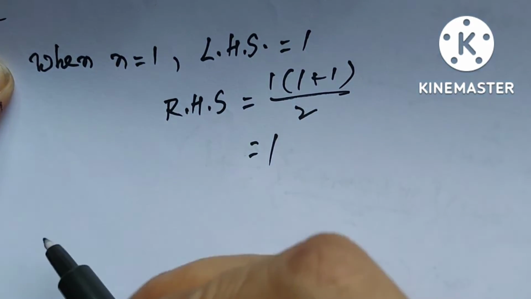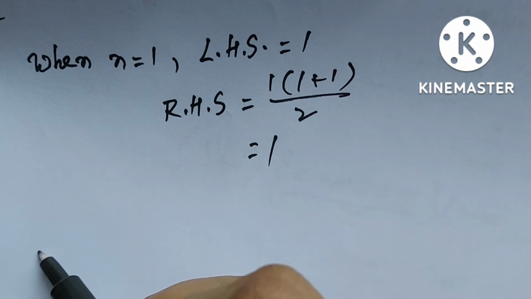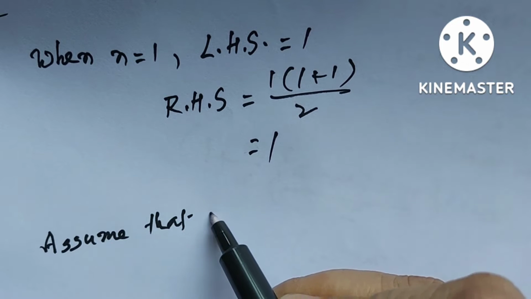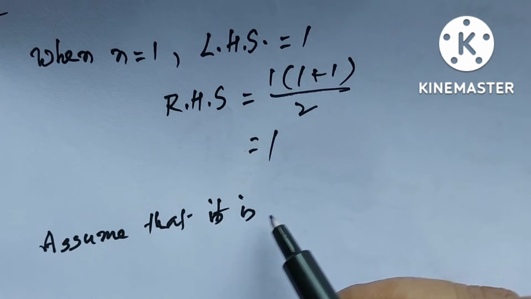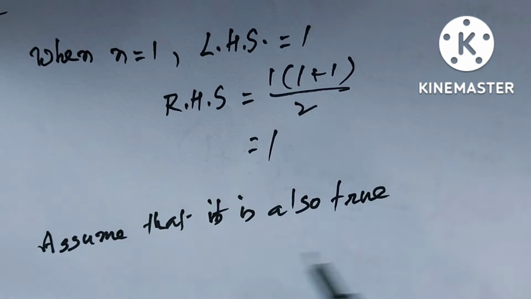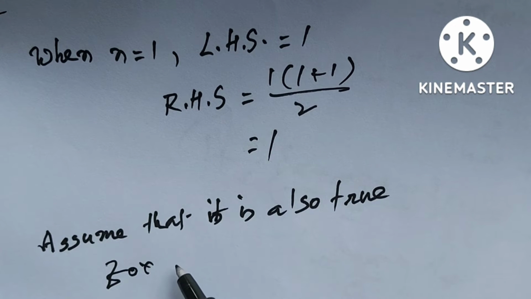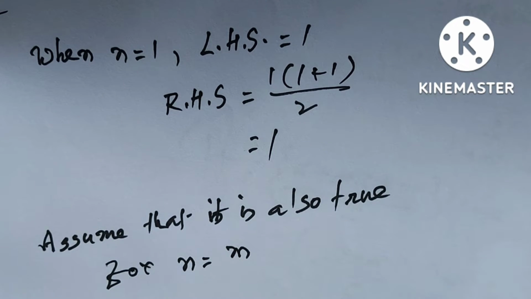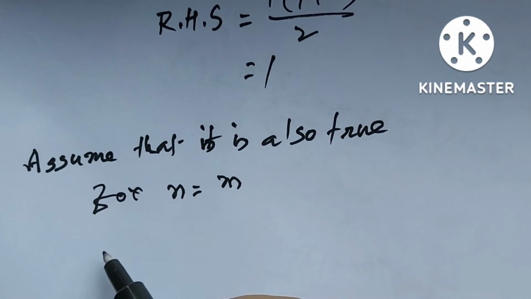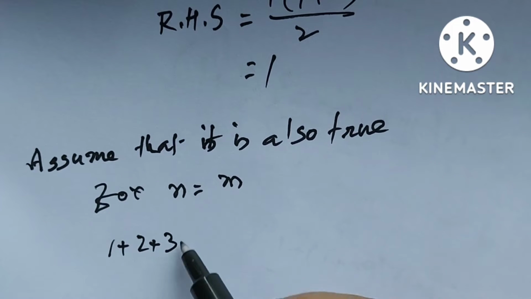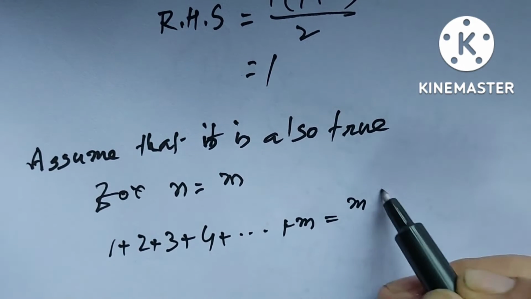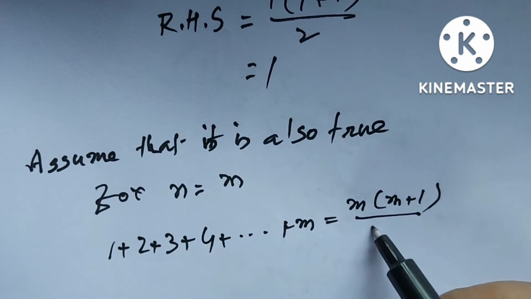That means 1 plus 2 plus 3 plus 4 plus dot dot plus m is equal to m into m plus 1 by 2.